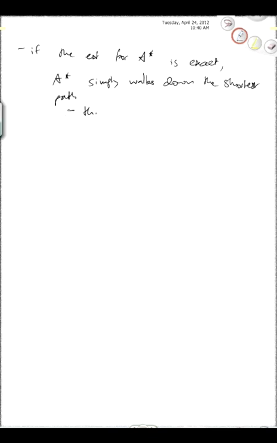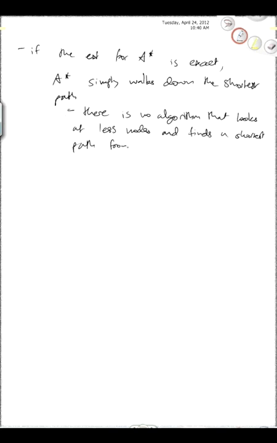And in fact, you can prove this, that there is no algorithm that looks at fewer nodes and finds a shortest path from S to T, given these two assumptions, that we have non-negative length edges and the estimate function.